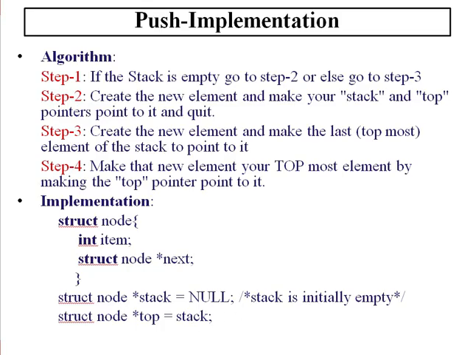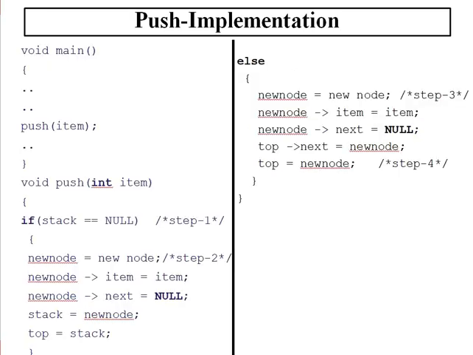So initially both are pointing to the null value. When we are implementing this algorithm, the push operation is receiving an item.